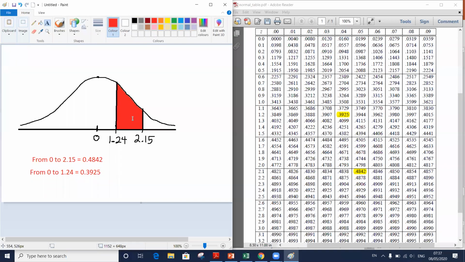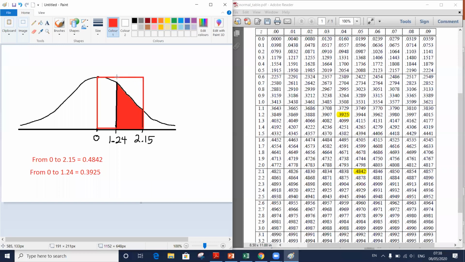Then what can you say about the area between these two, 2.15 and 1.24? From 0 to 2.15, the probability was 0.4842.